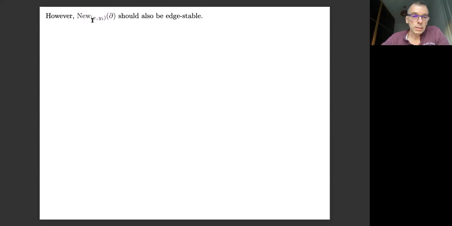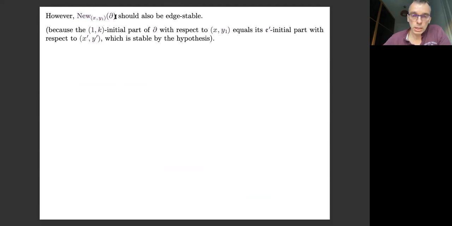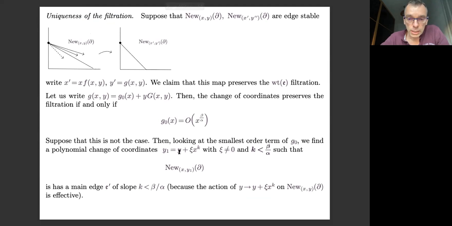Okay. But now, by hypothesis, the Newton polygon of delta with respect to x and y1 should be edge stable. Why? Because I recall, just go back a little bit, that this xi times x to the power k is just the initial part of the Taylor expansion of G0, right?